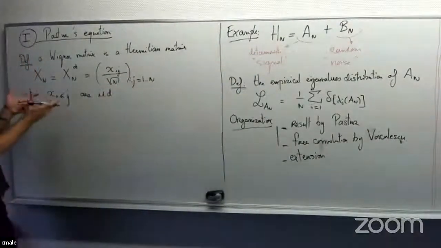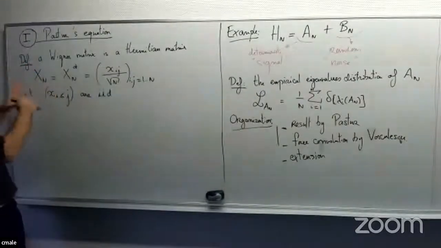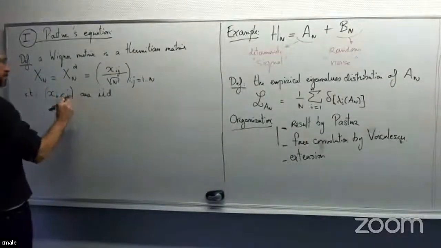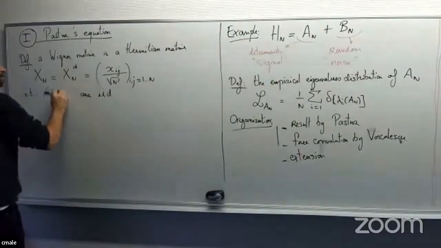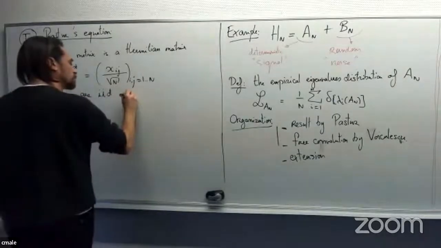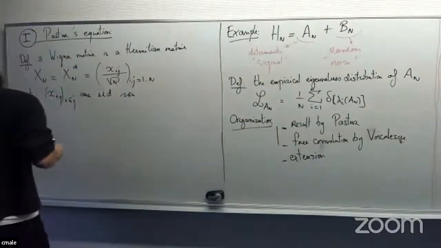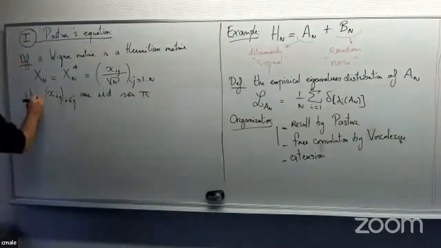So the entries which are in the smaller triangle, X_ij, are distributed according to some distribution pi, which is independent of n.